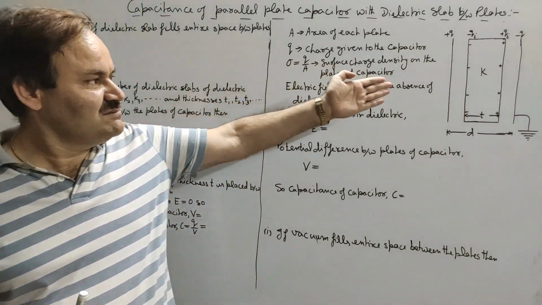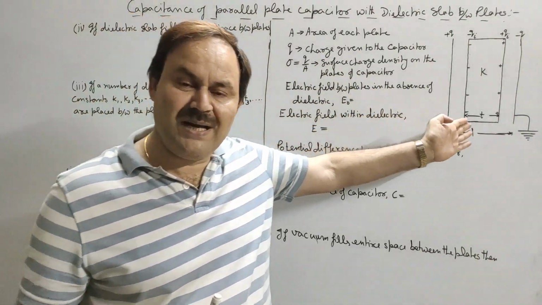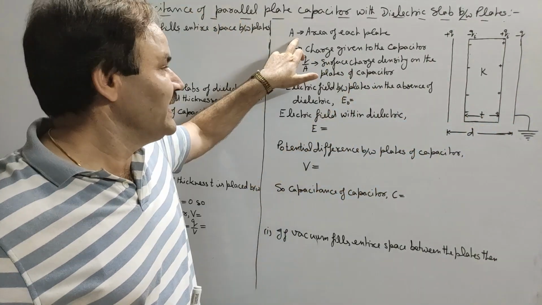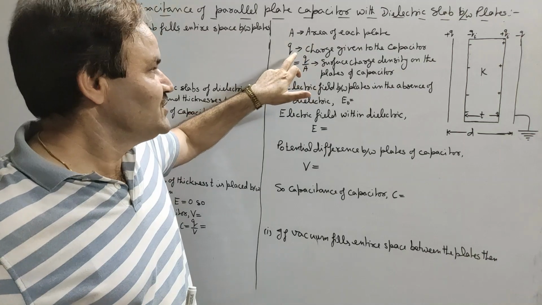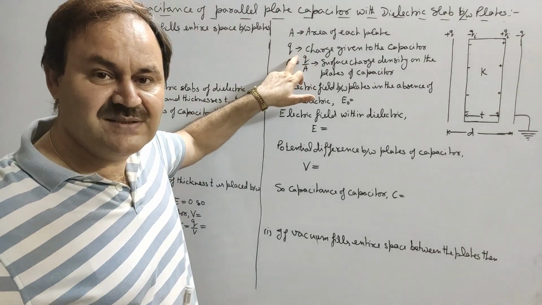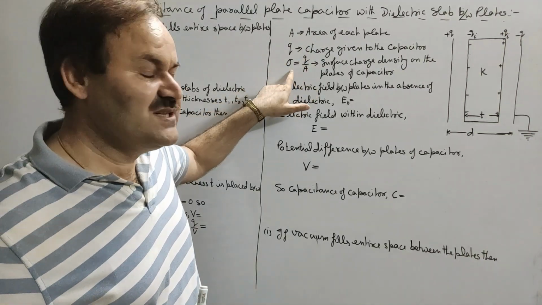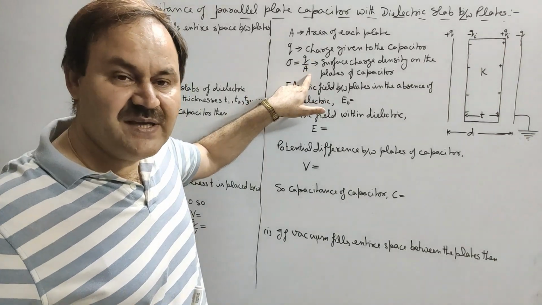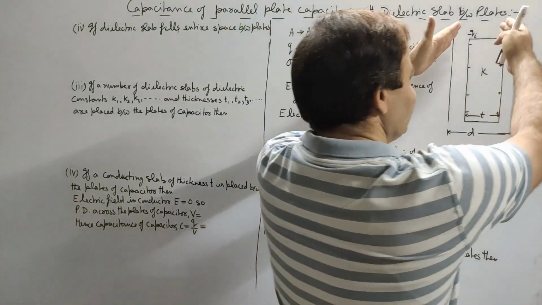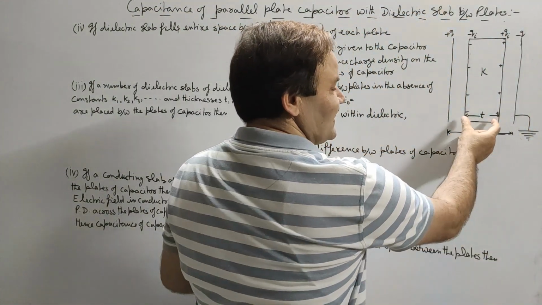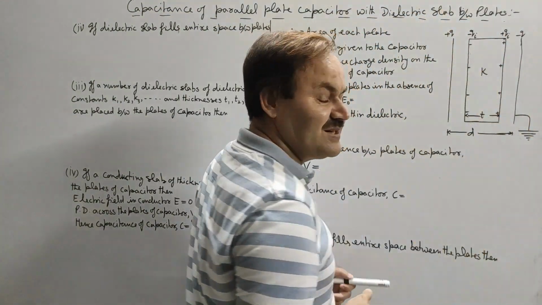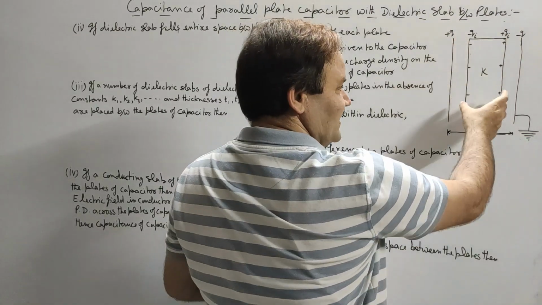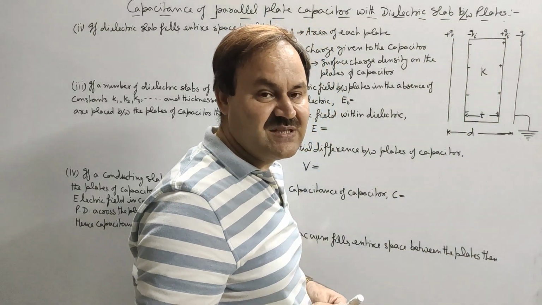Say we have a parallel plate capacitor with plate area A, charge on each plate Q, then the surface charge density on each plate, sigma, will be Q upon A. We have placed a dielectric slab of thickness t and dielectric constant K between the plates of the capacitor.